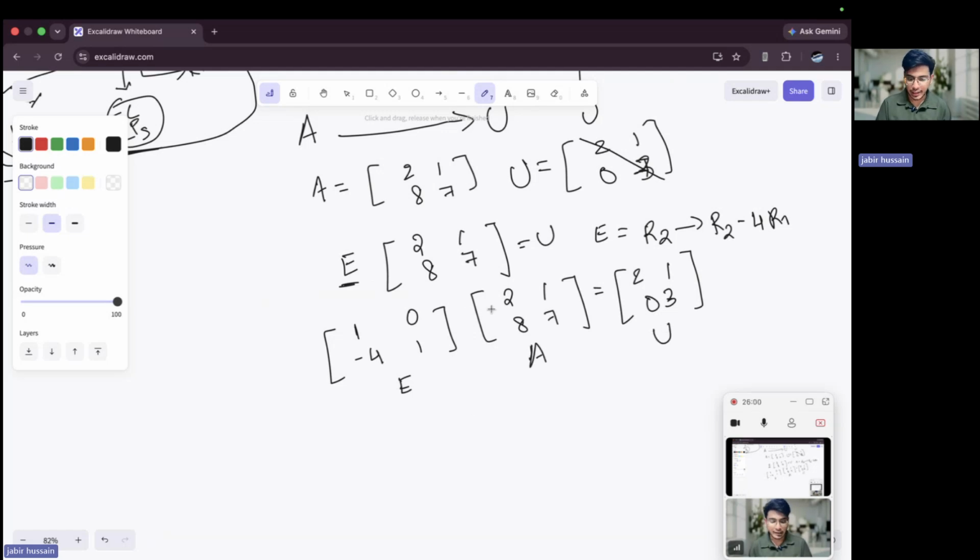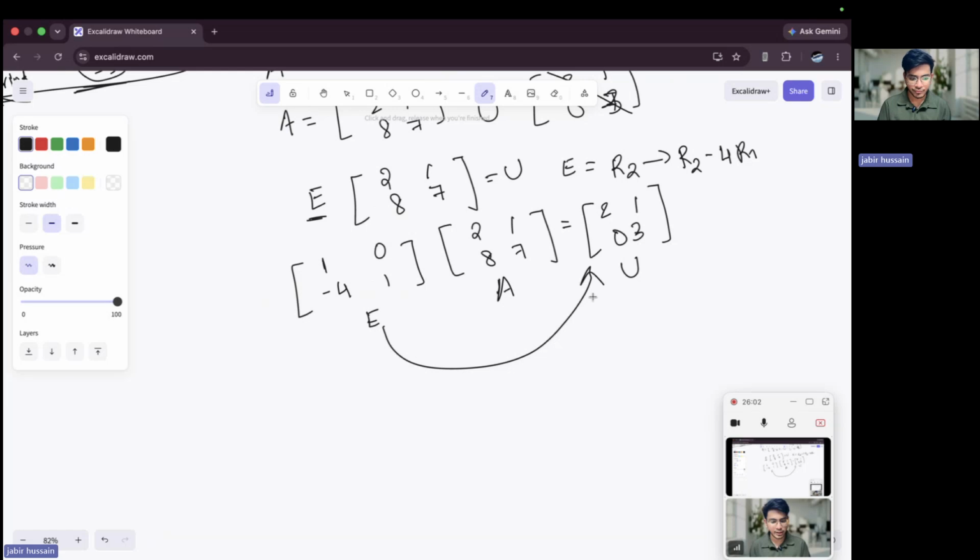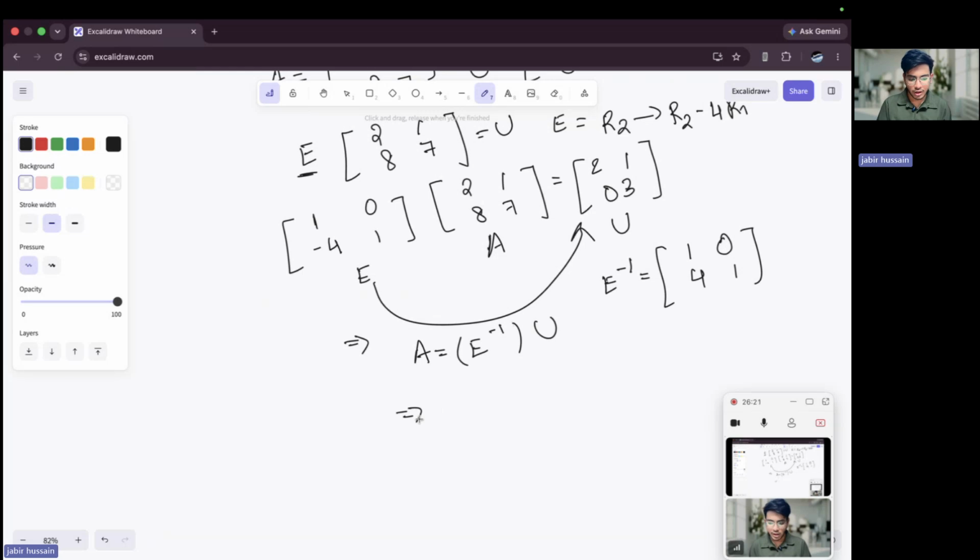Now, if I take E to the other side, it gives me A equals E inverse U. And the inverse of E is the opposite; basically only the signs change. So this gives me 1 0 4 1. So the matrix 2 8 1 7 equals 1 0 4 1 times 2 8 0 3.